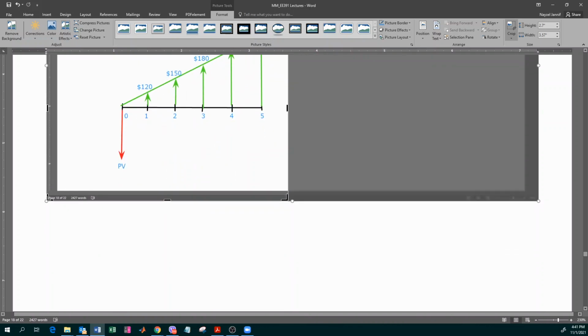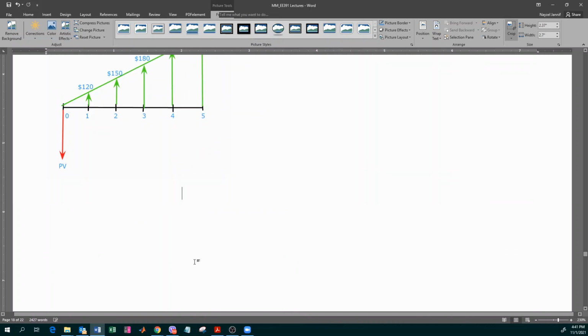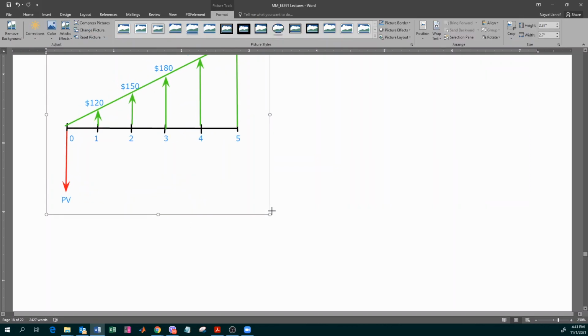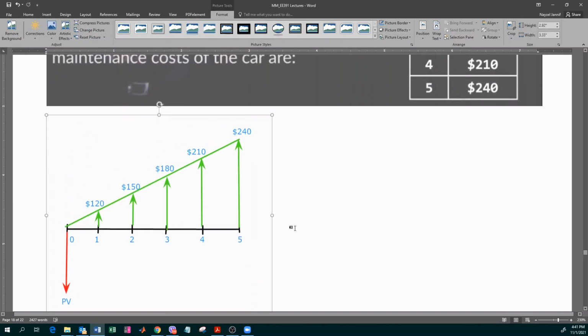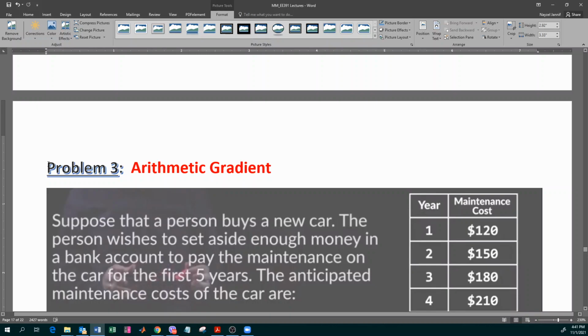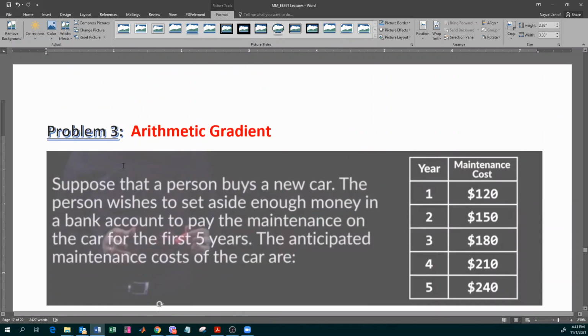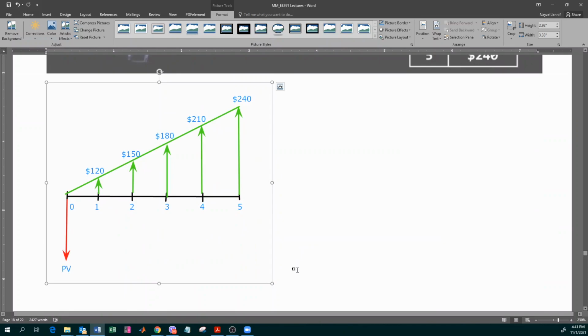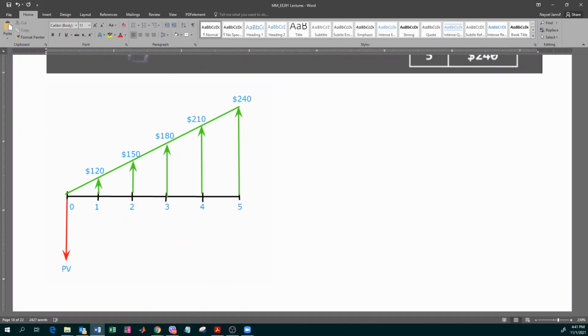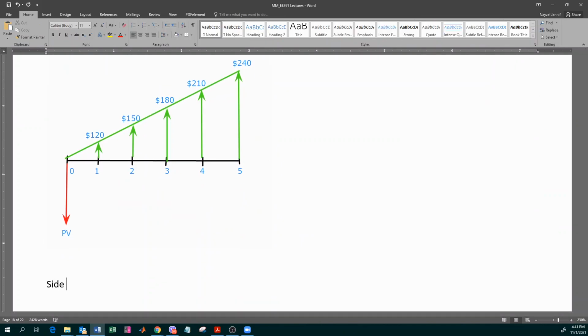It's not as easy as it looks. So before we attack the problem, let's do a side example.